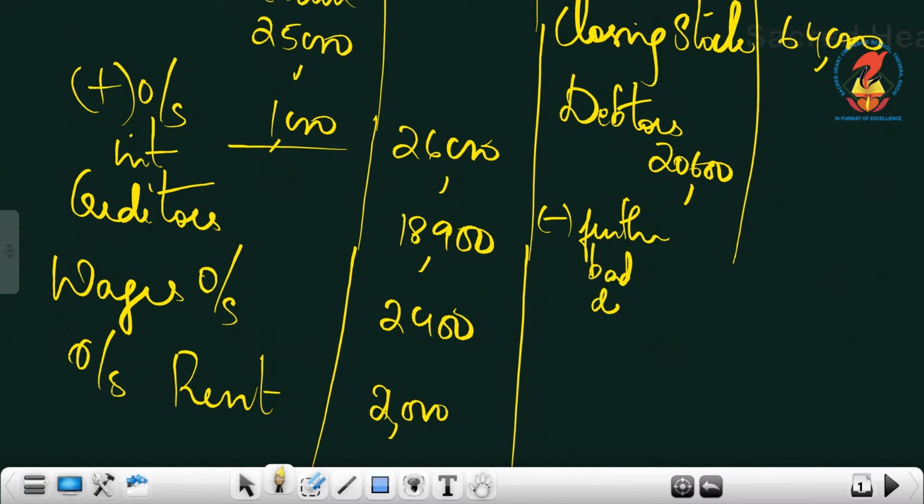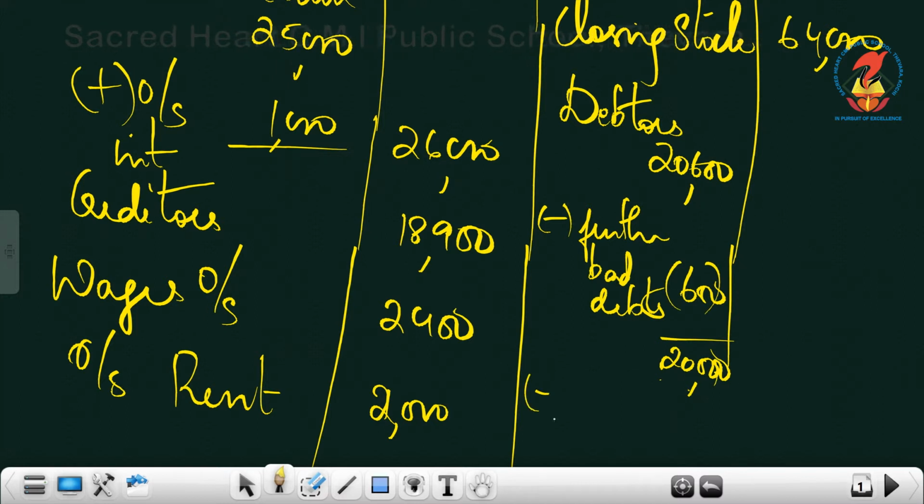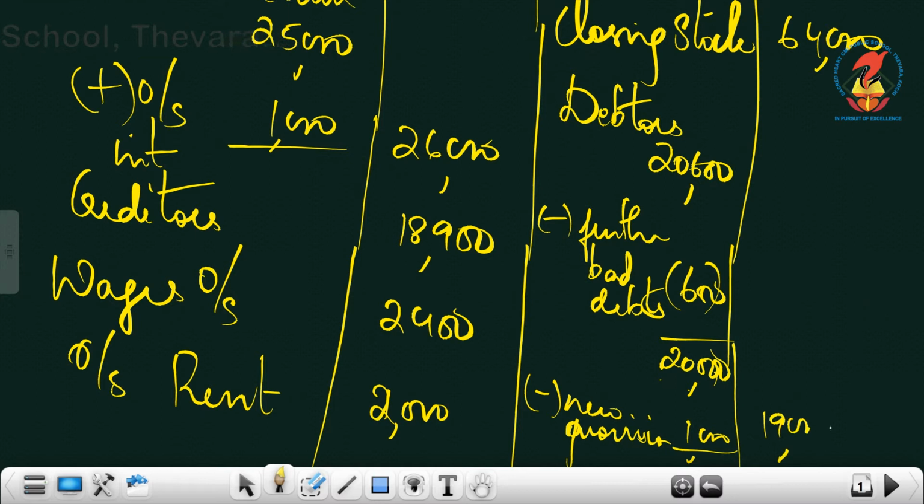Then you will deduct the new provision. Further bad debts, here the amount is 600. So now it becomes 20,000. Less new provision. New provision we have computed already. It's there in your P&L. It's 1,000. So outer column you can write 19,000.